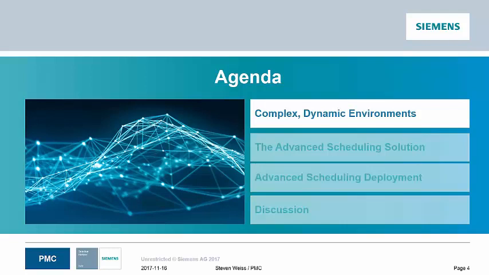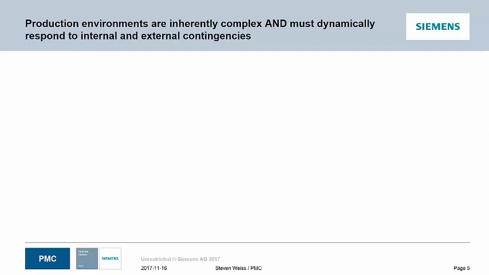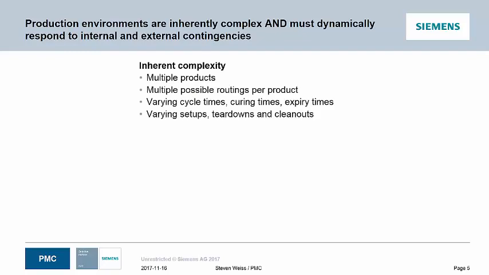Okay, complex dynamic environments. Production environments are inherently complex and must dynamically respond to internal and external contingencies. The inherent complexity of creating a baseline schedule in a modern production facility is that the facility almost always produces multiple products, each of which has multiple possible routings.